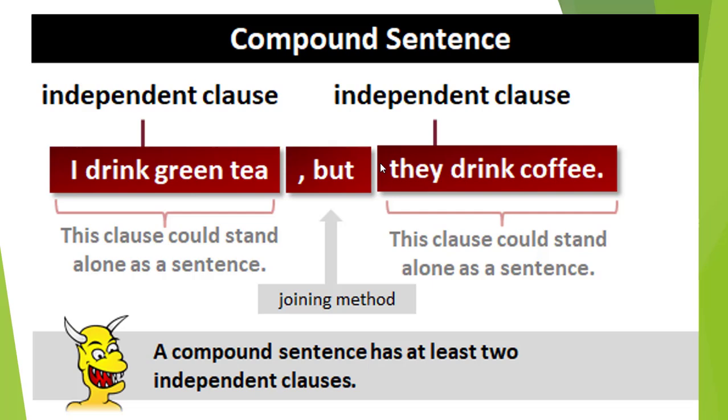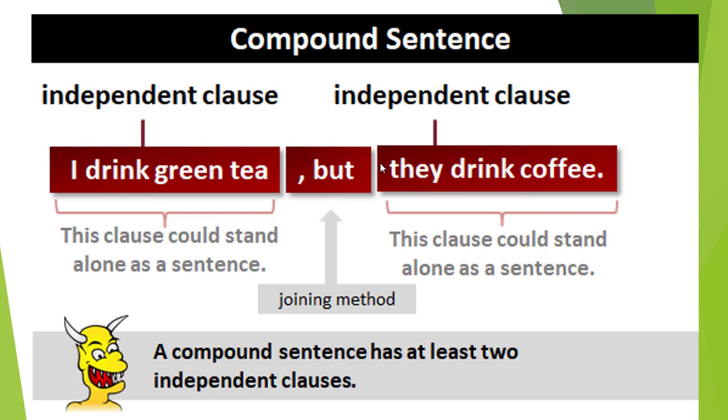Compound. I drink green tea. This is a sentence. They drink coffee. This is another complete sentence. So we are making them compound. So we have but. I drink green tea, but they drink coffee. So we have a compound sentence.